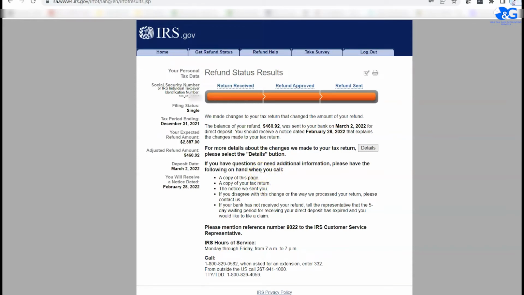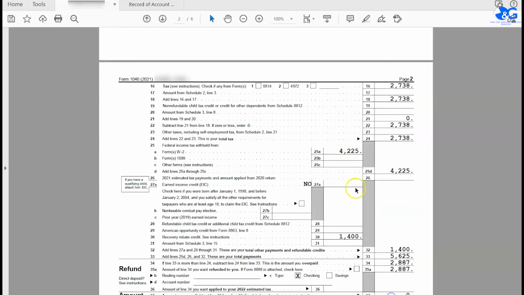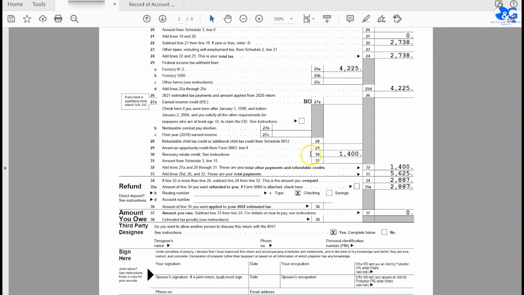So in this taxpayer situation, let's take a look at what really happened. The first issue we know is that there's something connected with a stimulus check. Let's go back to the tax return. The problem starts from here, line 30. Taxpayer claimed $1,400 in recovery rebate check.